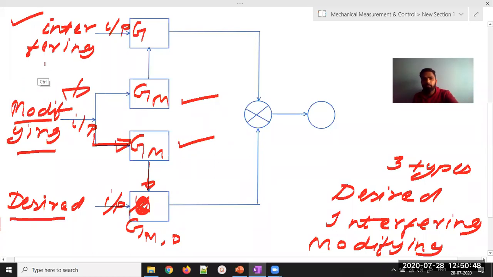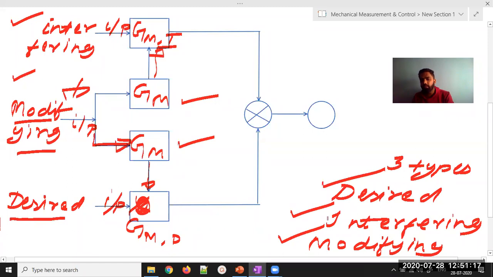I hope you're getting it. This was already having interference, and modifying is coming from this side. If some modifying characteristic comes into the system which already has interfering input, GM will change into GM into I. So my system had desired signal as well as modifying signal as well as interfering signal.